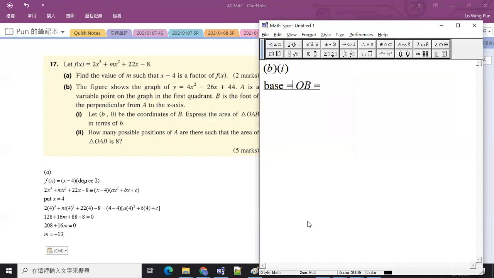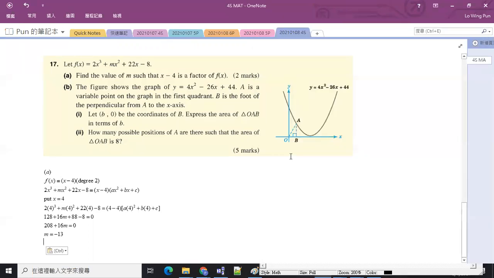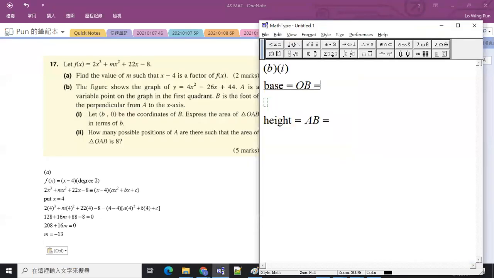The base is OB. And I'm going to write down the height of the triangle is equal to AB. Okay, but I'm going to calculate the length of the base first. Okay, but point B is (b, 0) and O is (0, 0). So we just need to use this b minus 0. Okay, so that is b. So that is the length of the base.